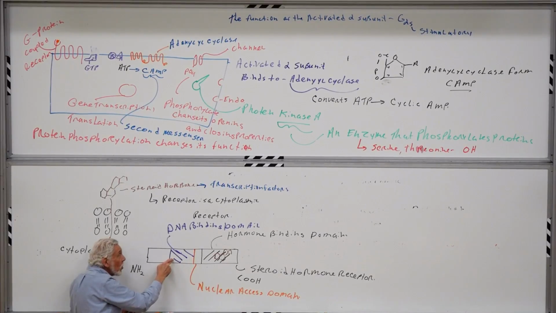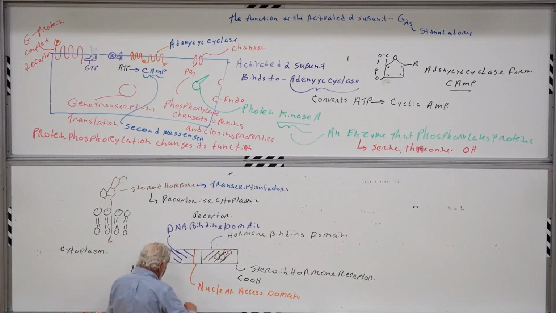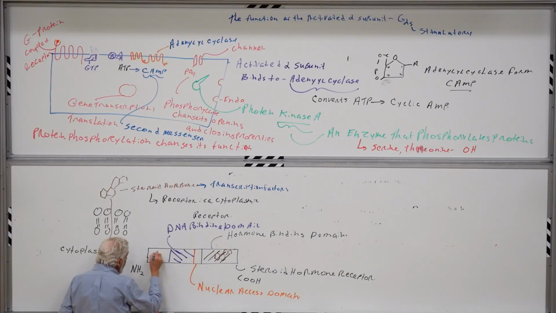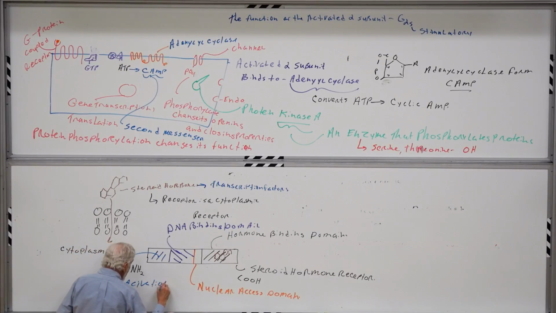Once inside the nucleus, there is this region of the protein, which is the DNA binding domain, and it's going to seek out a particular promoter and bind to it. And when it binds that particular promoter, it's going to now activate this region out here called the transactivation domain.